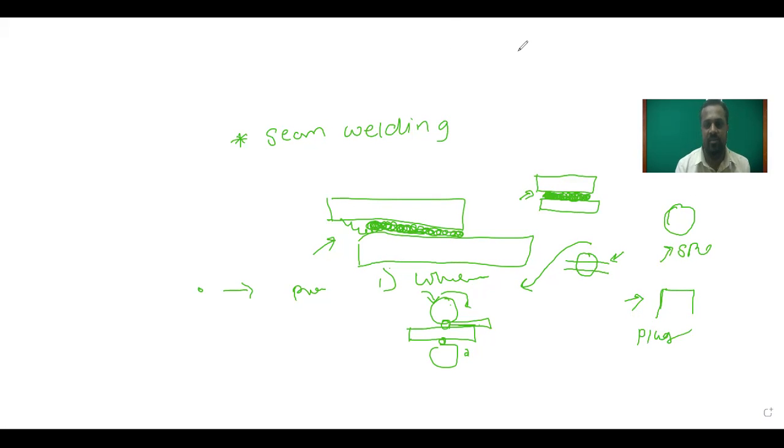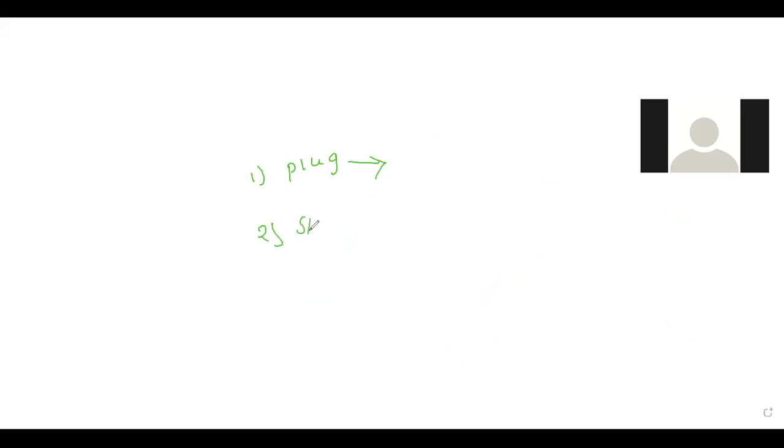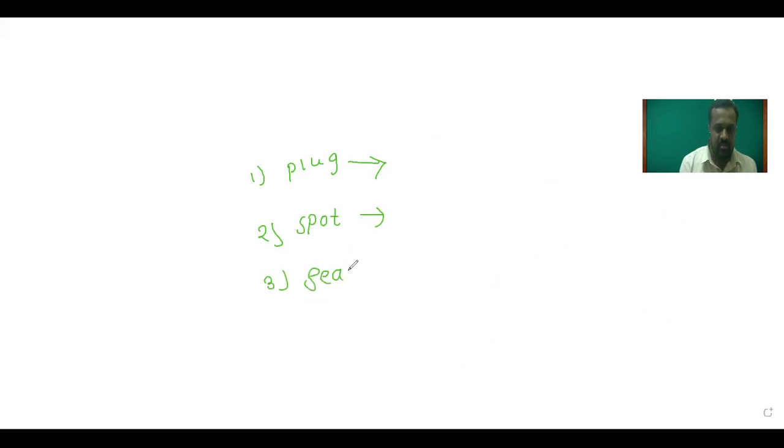Okay, so once again I will repeat here. First is plug welding, and see the symbol. Then next it will be the spot, and third it will be the seam. The symbol for plug welding will look like this.